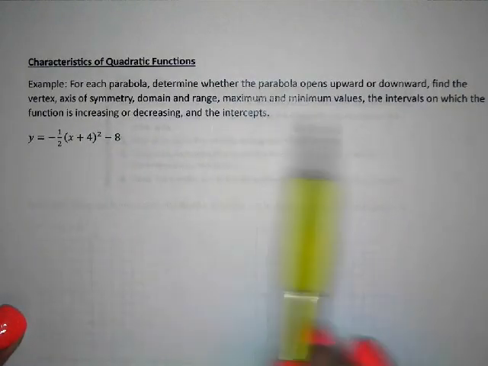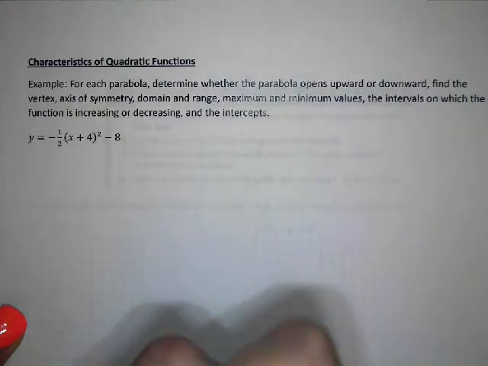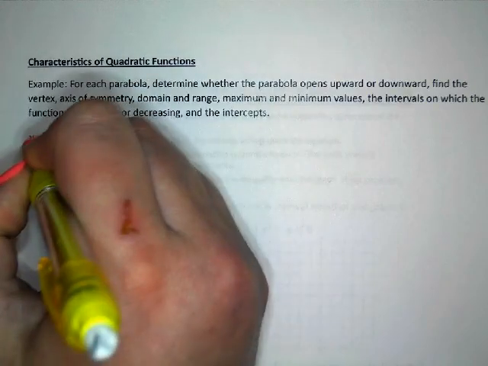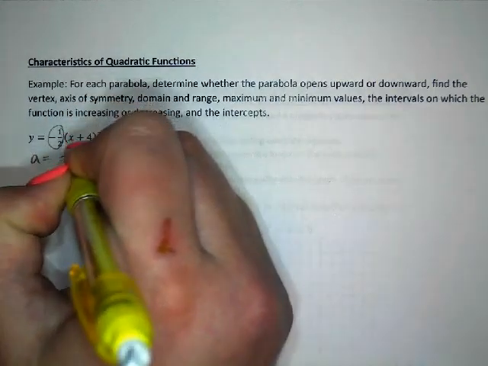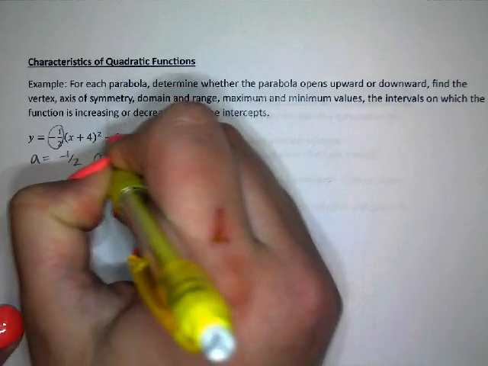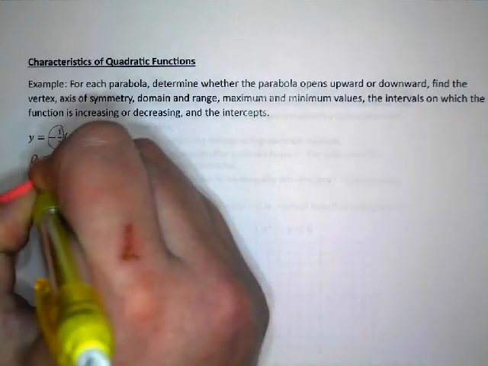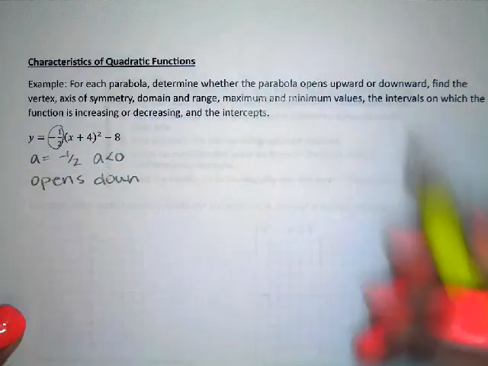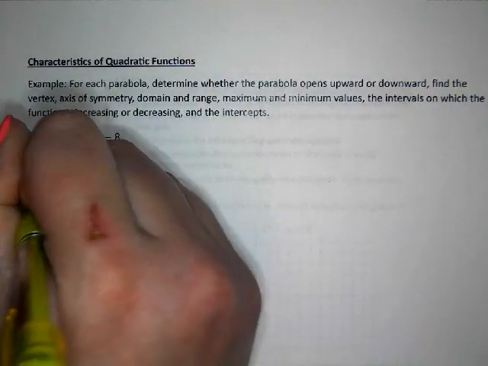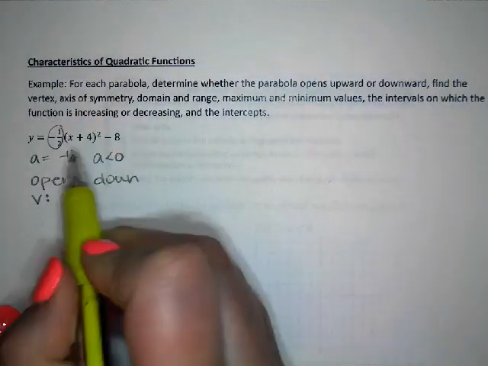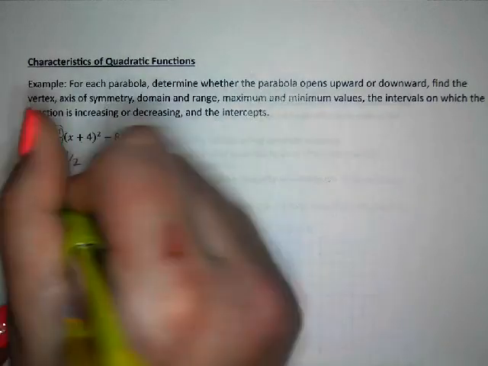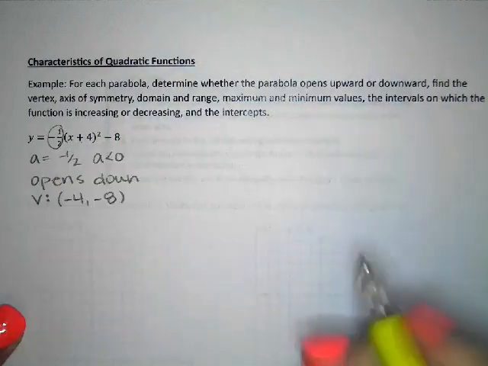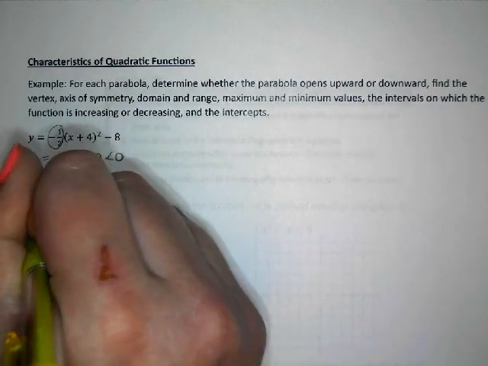The a value here is negative 1/2. So a is less than 0, which means that this opens down. Find the vertex. The vertex is (-4, -8). Find the axis of symmetry. That's going to be x equals negative 4.